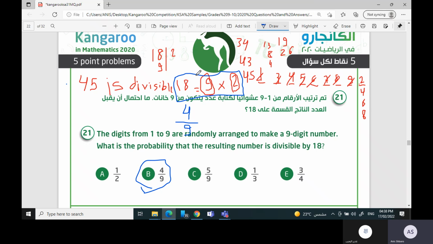So of course, if a number is divisible by 2, we need it to end with 2, 4, 6, 8, the even numbers between 1 and 9. And if I want a number to be divisible by 9, we need to add all the digits in the number. If the sum is divisible by 9, then the whole number is divisible by 9. So we added them. We got 45, and 45 is divisible by 9.